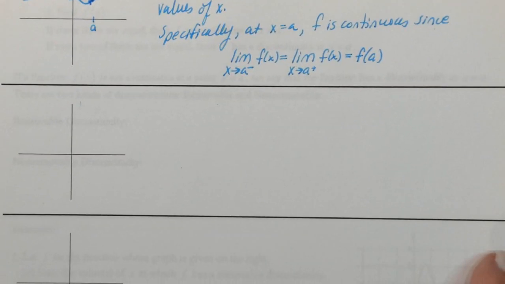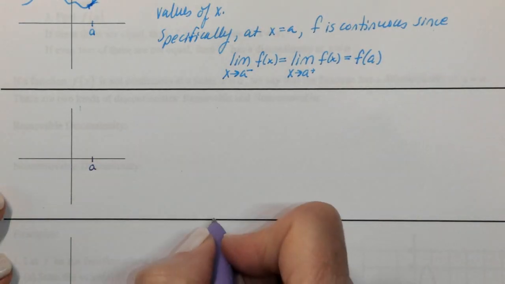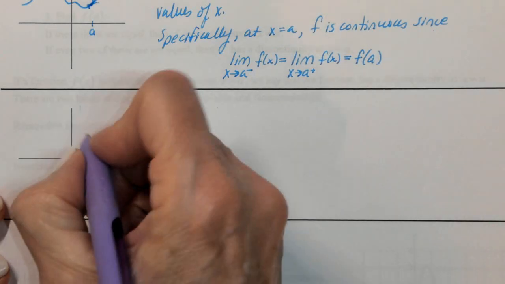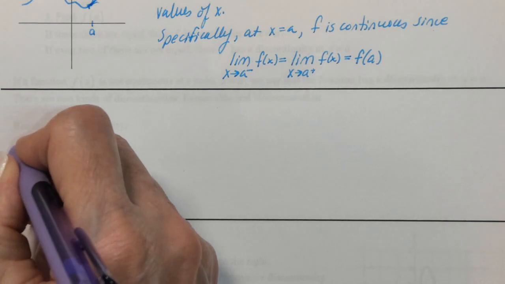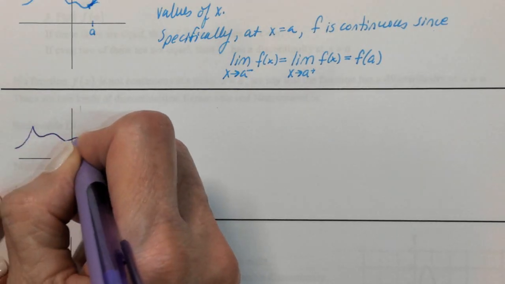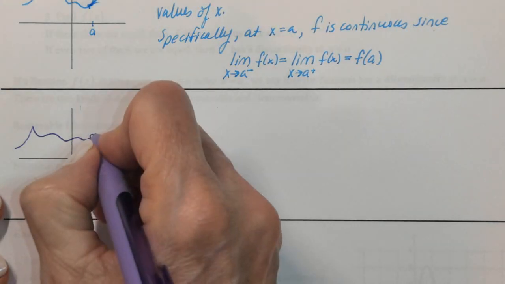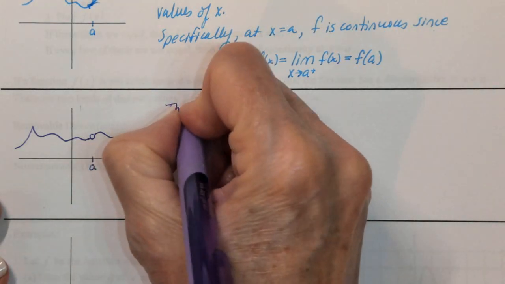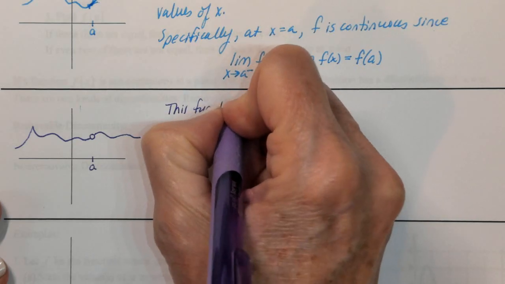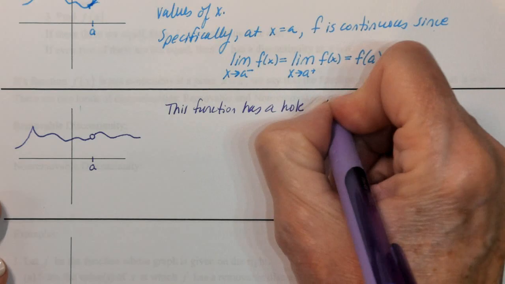Next up, I'm going to draw another graph, and again I'm going to have this little a value here, but this time this graph is going to have a hole right at a. I can still have anything happening over here, but right at a, I've got a hole. This function has a hole when x is equal to a.